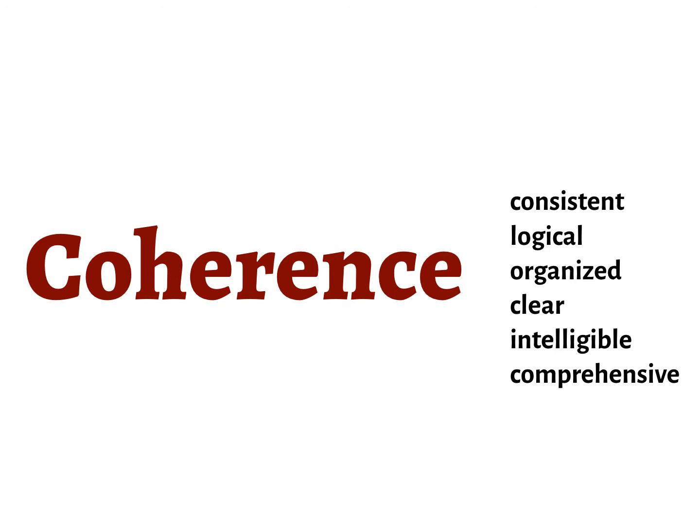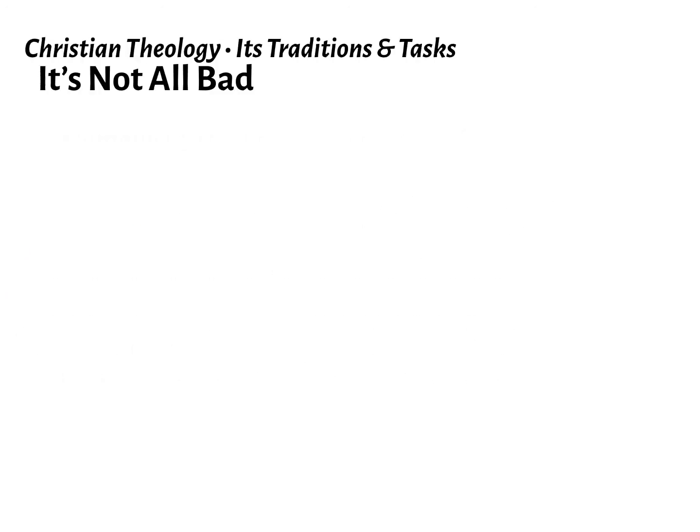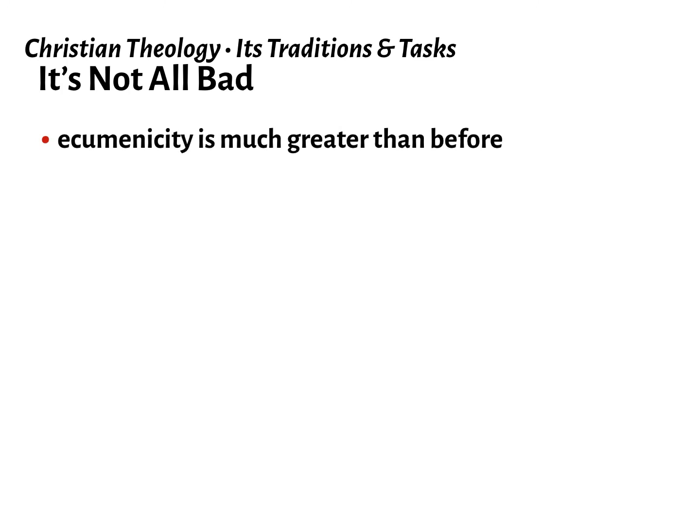Now, even though we're in this state of disarray, Robert King points out that it's not all bad. There's a much greater level of ecumenicity now than there has ever been among different Christian groups. Here, when I use the word ecumenicity, I'm talking about the Christian family, from Roman Catholicism to Eastern Orthodoxy, to various forms of Protestantism and the Free Church movement.